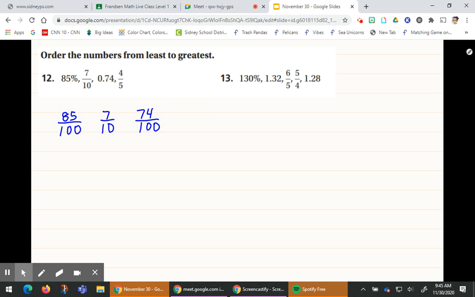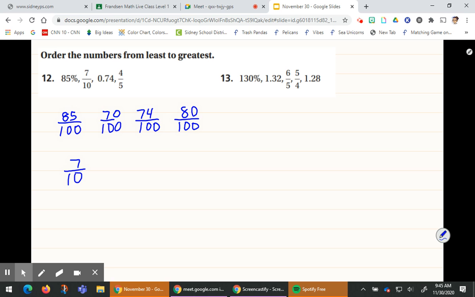I'm gonna take 4/5, and I'm gonna multiply it so it's a fraction with 100 at the bottom. 5 times 20 is 100, so 4 times 20 is 40. Good. Now, all I needed to do to the 7/10 was multiply by 10, so that's what I did. 70. Okay, so those are all fractions now, and I can see the smallest fraction is the 7/10, right?